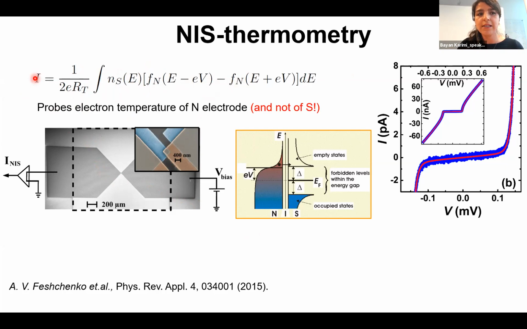As you can see, just by measuring the current, we directly see the temperature of the normal metal, not the superconductor.